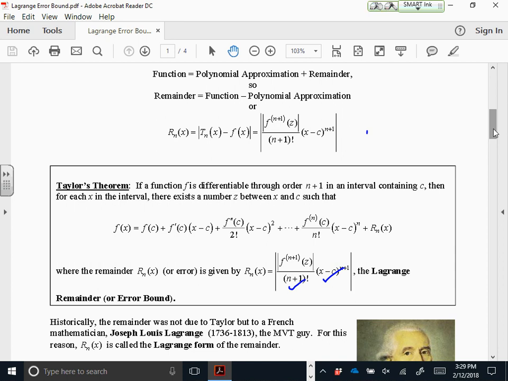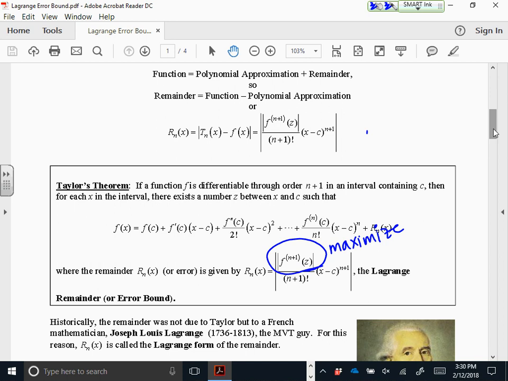Now all of this looks fine and dandy, but Mrs. Holman, this is a z. What is that? Well, we want to maximize our remainder. Especially if we're not using a calculator, which is a lot of times what we use the Lagrange error bound for.